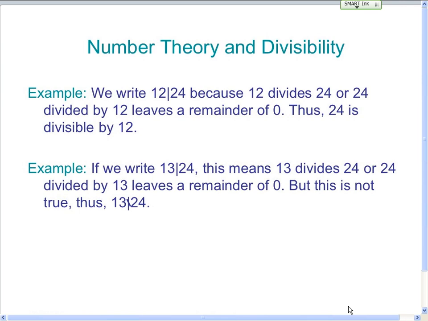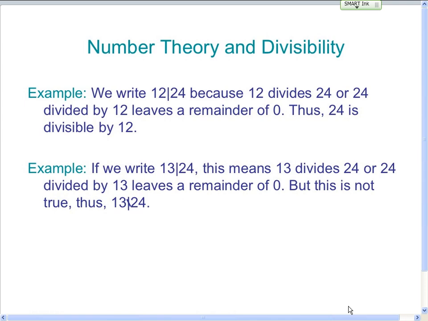For example, this is another example, we would write 12 divides 24, because 12 goes into 24 evenly with a remainder of 0. And we would also say 24 is divisible by 12.